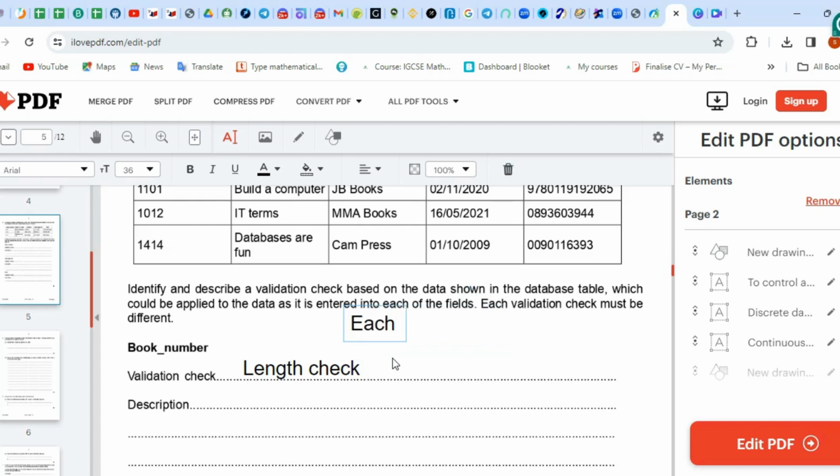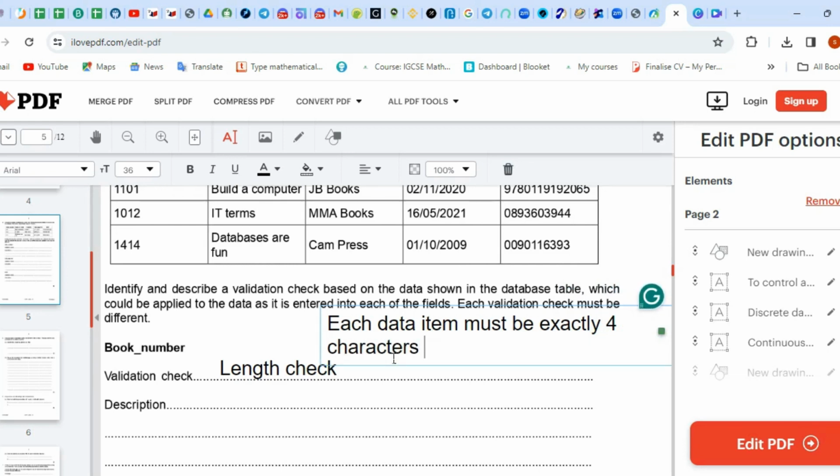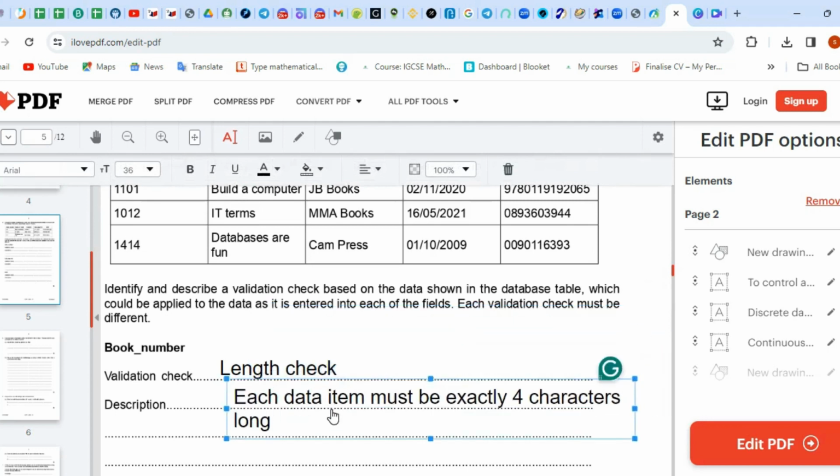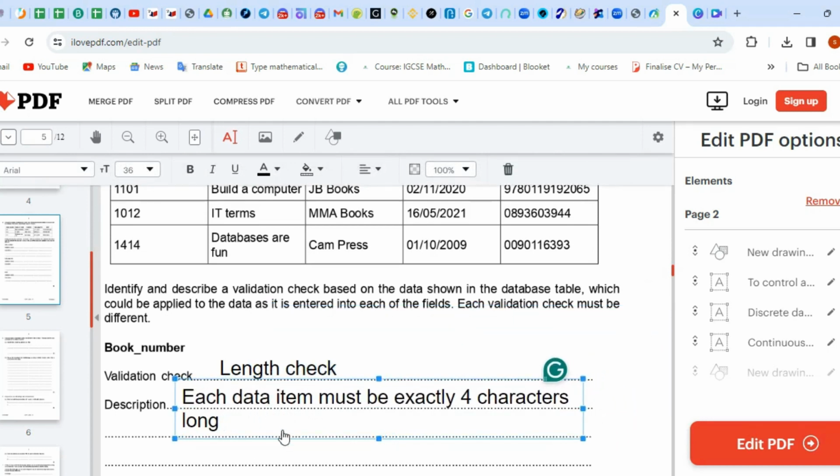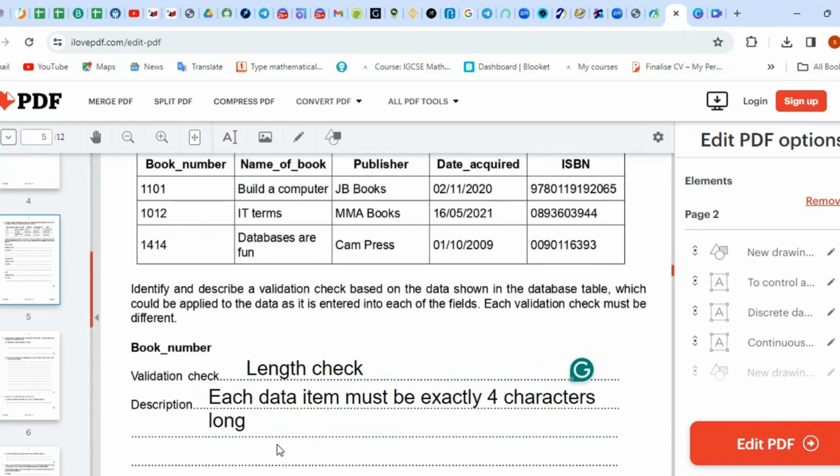Each data item must be exactly 4 characters long. That is, each of the items that we are going to have here should have 4 characters. That is what it means. All right. So that is for length check under book number.